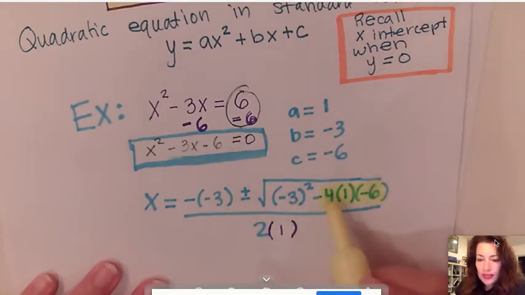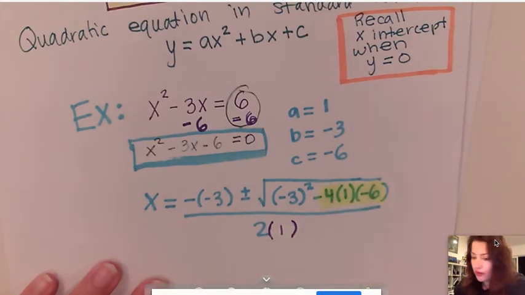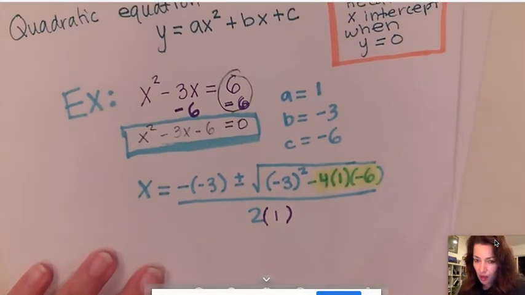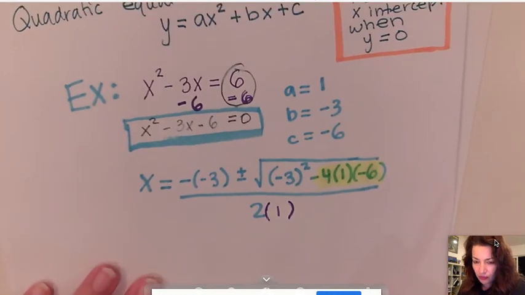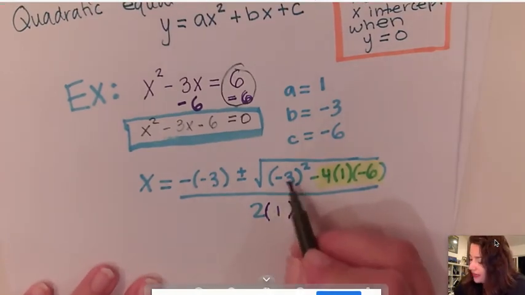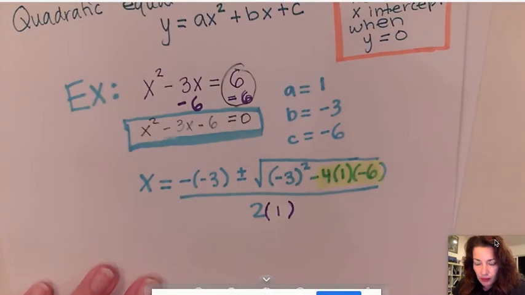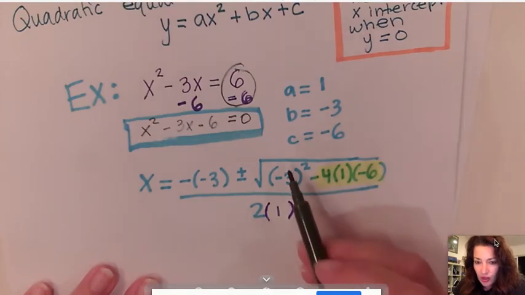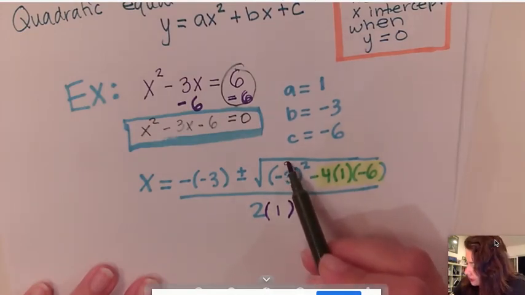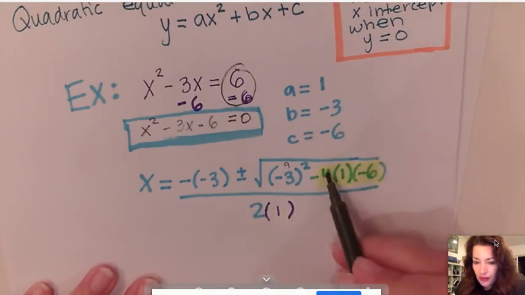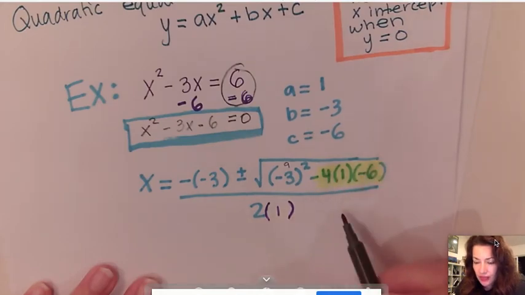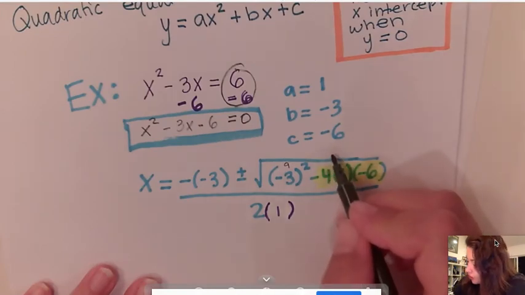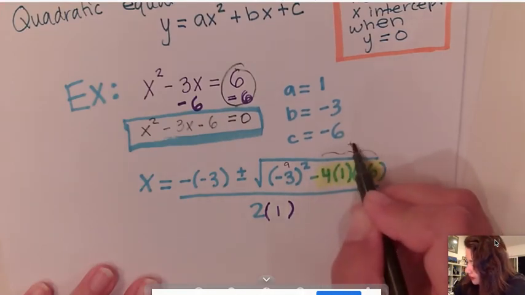So what is -4 times 1 times -6? Whenever you have two negatives, you'll always result in a positive. And what is -3 squared? If you said 9, you are correct. So actually here what I end up with is 9. And -4 times 1 times -6 is plus 24. So all of this here is plus 24.